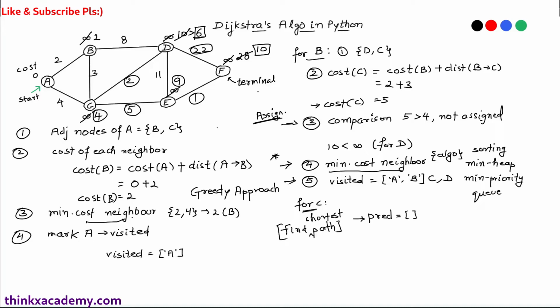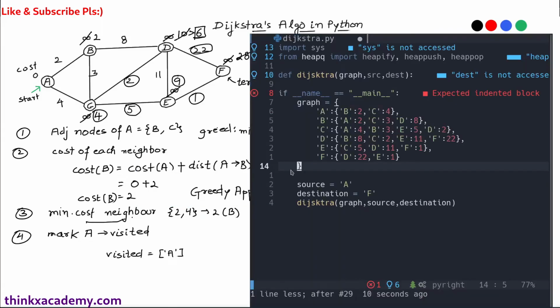Our greed is to find the minimum distance. Minimum cost is basically the minimum distance from the starting node. So at each and every step we are becoming greedy in that we are going to find the minimum cost out of all the neighbors, right? So that's one important thing about this algorithm. It uses a greedy approach. Alright, so now let's move here.